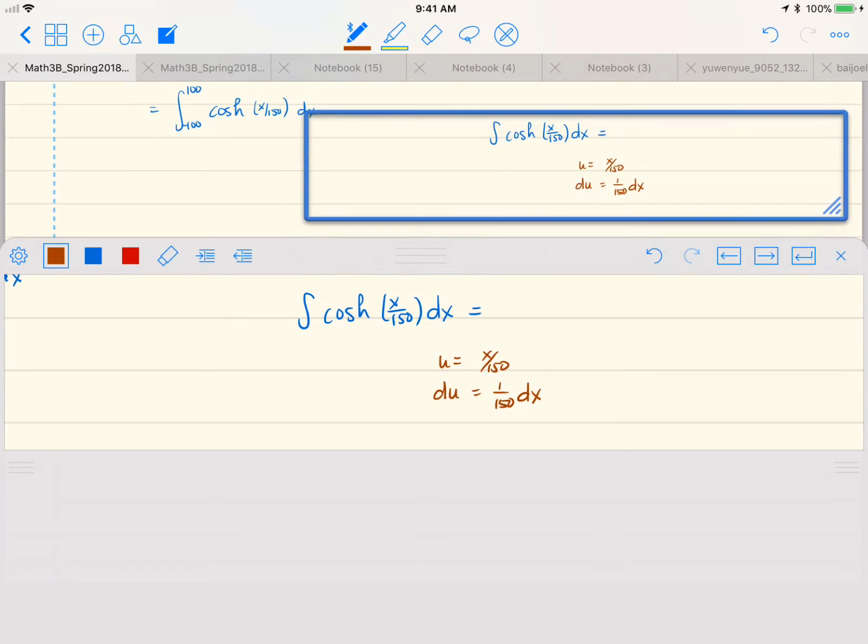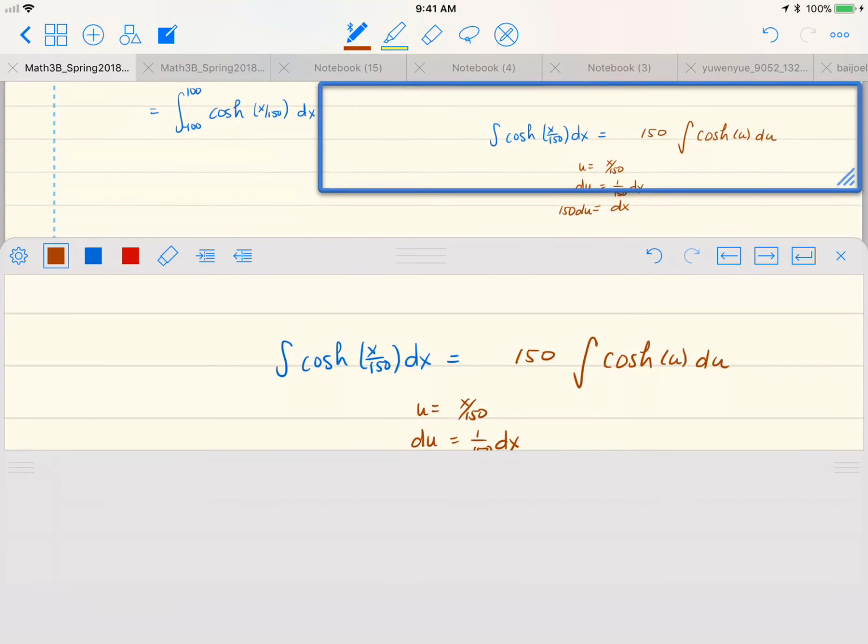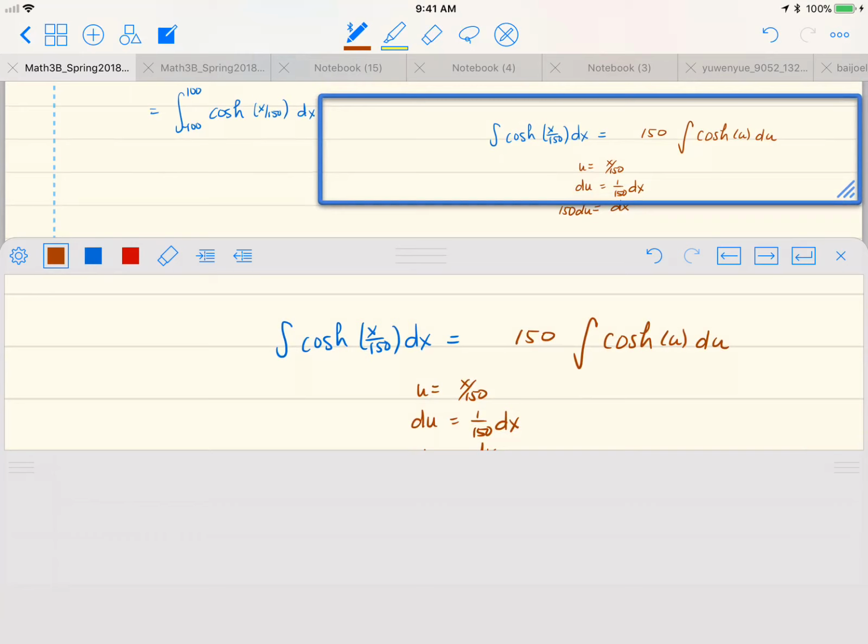So dx is 150 du, and I can rewrite this as 150 times the integral of cosh of u du. Yeah, I did that right. And the integral of cosh I know to be sinh of u, which is going to be 150 times sinh of x over 150.